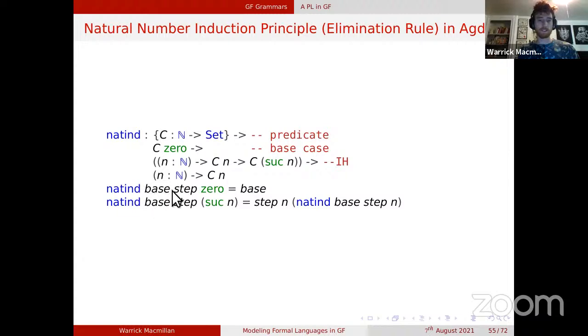So you have your base case, your step case, and the thing that you're inducting over, and you just apply the step function or the inductive hypothesis to the reduced size number and the inductive call.